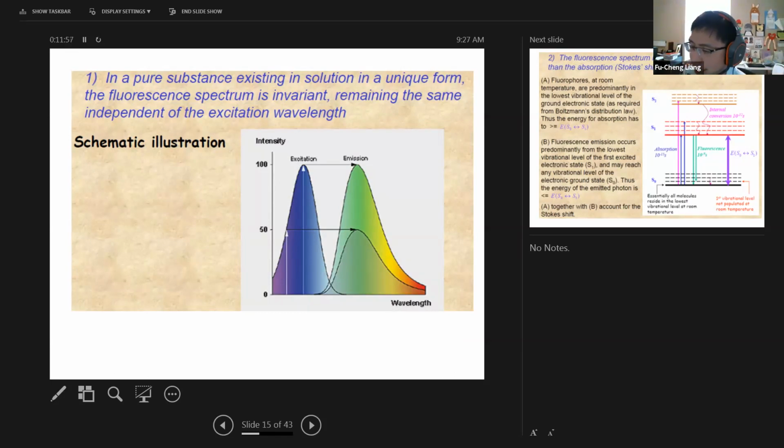So the only difference is intensity, but the bottom line is no matter what wavelength you excite the molecule at, the emission maximum wavelength will be the same. This is a special feature of the fluorescence emission spectrum.